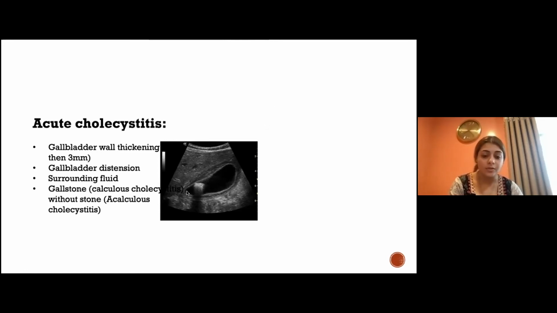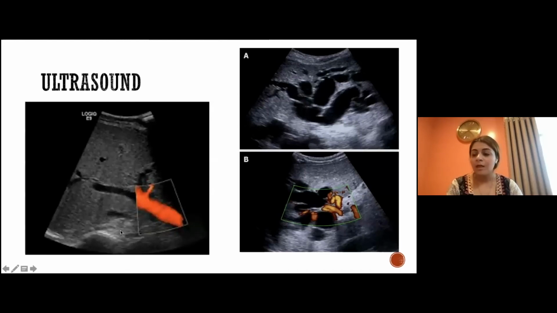You'll see the stone. And if you visualize a gallbladder without any stones, but they still have the same presentation as I mentioned before, then it would be acalculous cholecystitis, because they do not have the calcium stones or any pigmented stones or any other stones.